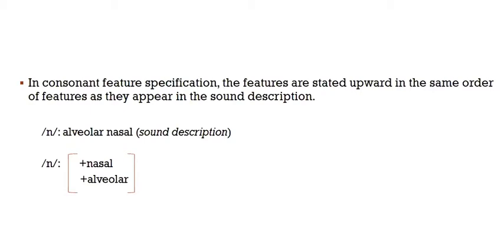If you don't remember the place of articulation of a specific sound, you can just go to the chart, and then, oh, this is alveolar, this is palatal, this is glide, this is velar. So it's okay. You can check the chart any time you need without any problems.